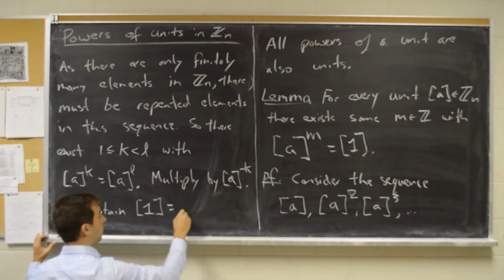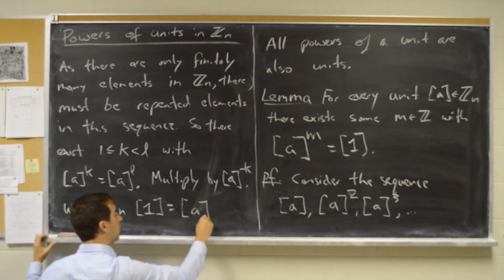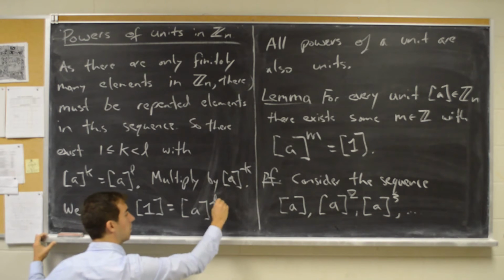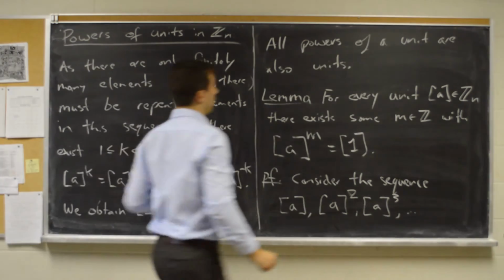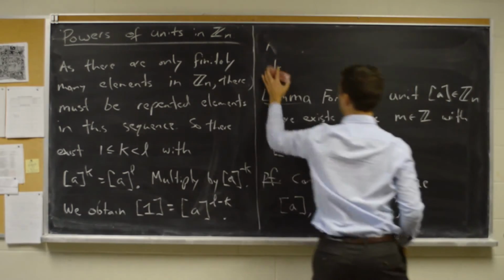And when I multiply these two, the exponents add nicely. So it's going to be L minus k. And this is exactly what we wanted to find.